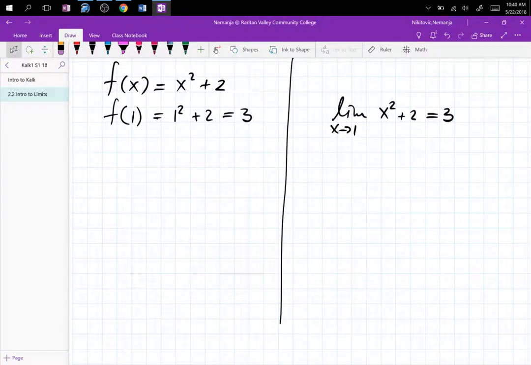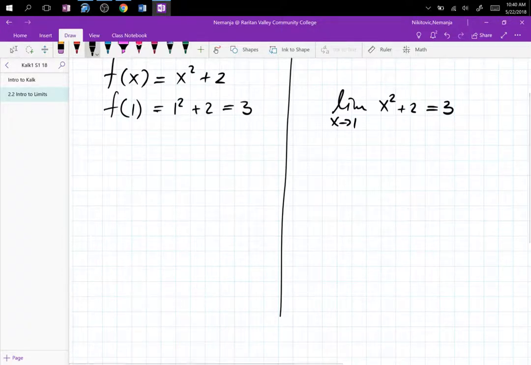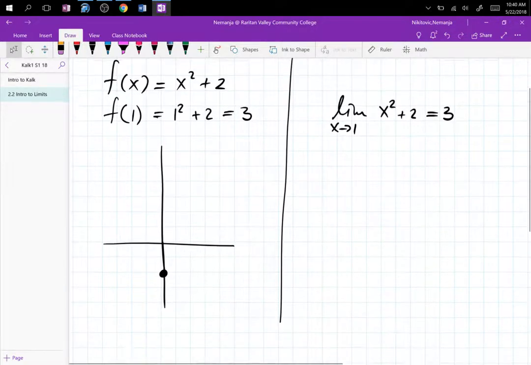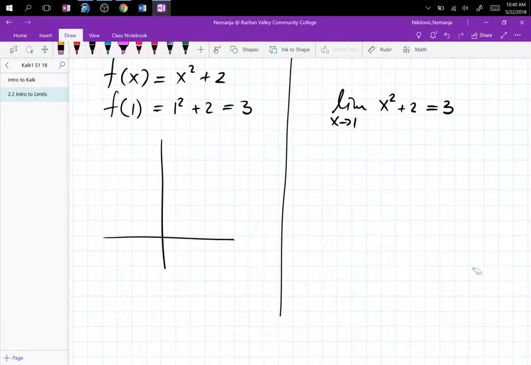So if I consider the pre-calculus version of this, if I look at the graph, we know this is a parabola. It's plus 2, so it's going through positive 2. It will look something like this.